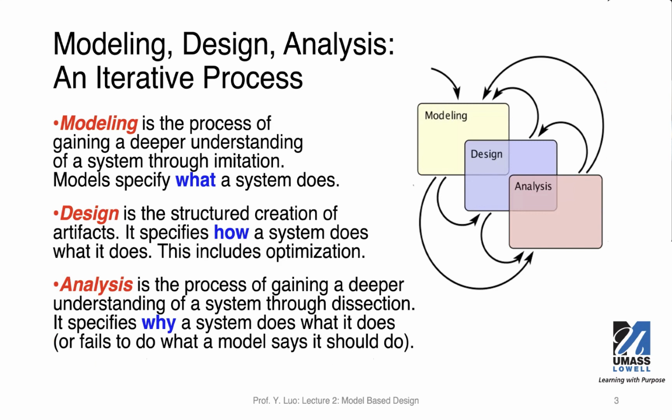So last week, we talked about modeling, design, and analysis. As we show in this diagram, these three parts or three stages form an iterative process. Modeling is the process of gaining a deeper understanding of the system through imitation.